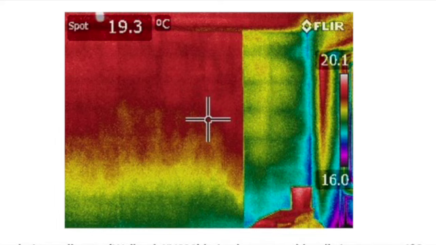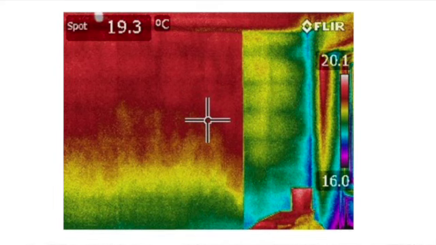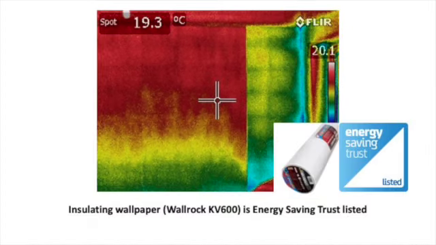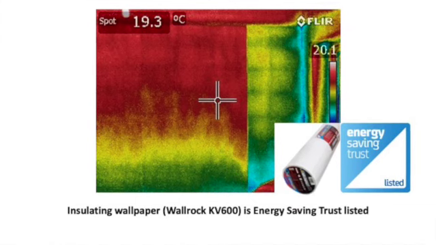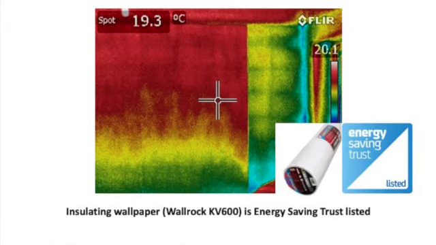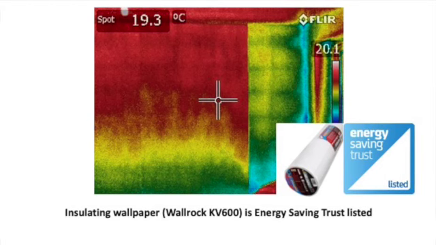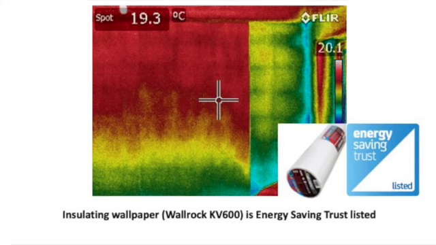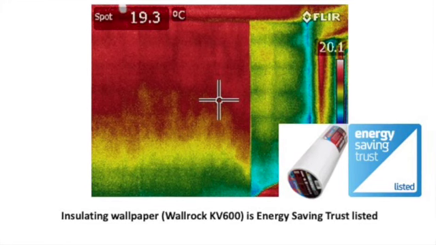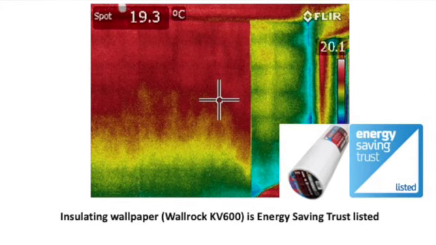And when it was all finished, the whole room felt completely different. This thick insulated wallpaper provides an affordable solution for cold walls and negates the need for expensive and disruptive internal or external building alterations. It can also be used on cold ceilings, for example, in dormer window recesses.